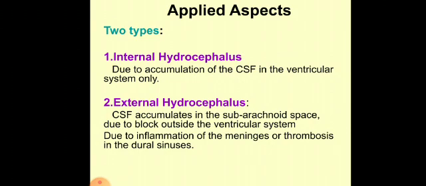Hydrocephalus is associated with an increased intracranial pressure. The subject suffers from very severe headache and vomiting. In very severe conditions, it may lead to atrophy of the brain, mental weakness, and also convulsions.